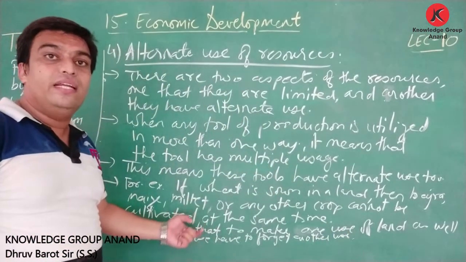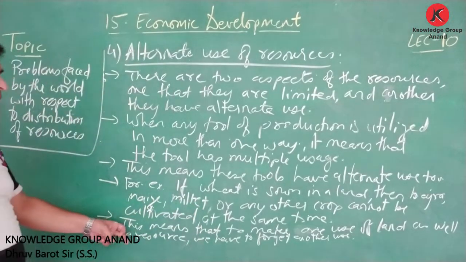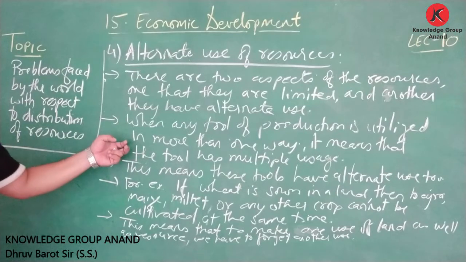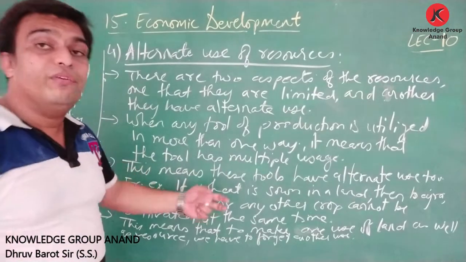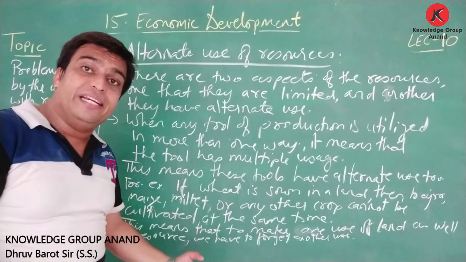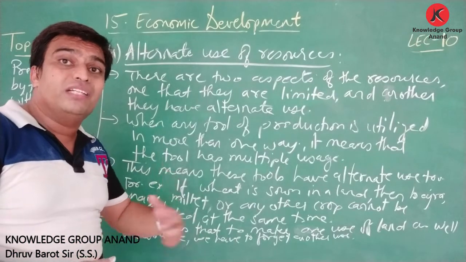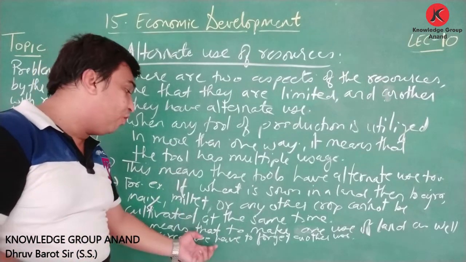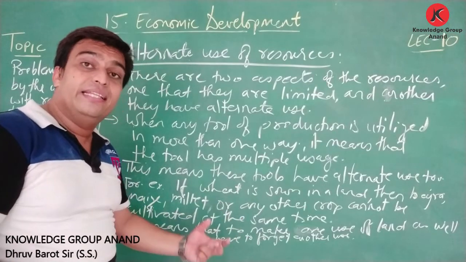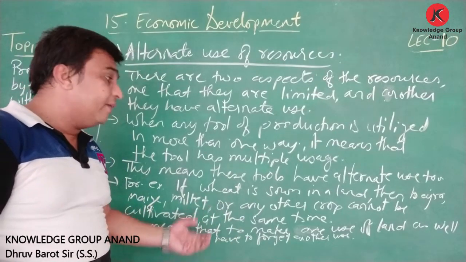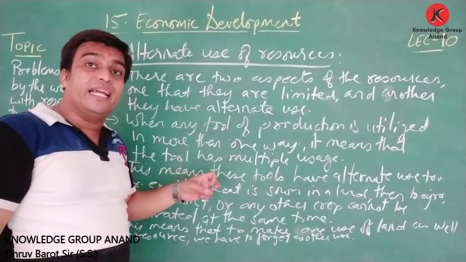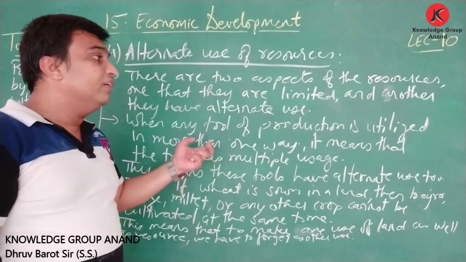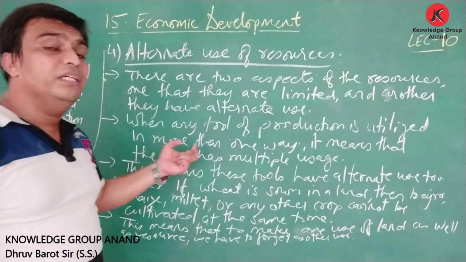If we are fulfilling one want, then we have to forget another use. So here we can clearly understand that if we have one land and we have already cultivated wheat, then we have to forget about cultivating bajra, maize or millet. It means we have to forget any one need, and hence for this purpose of alternate use of resources, it should be decided ultimately which uses should be given priority and which should be used first.